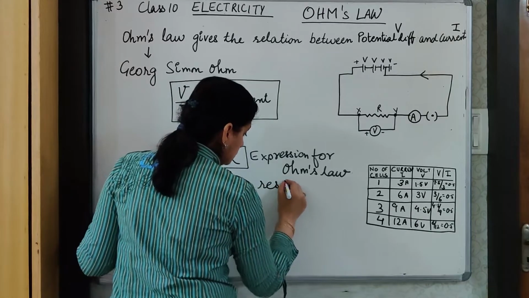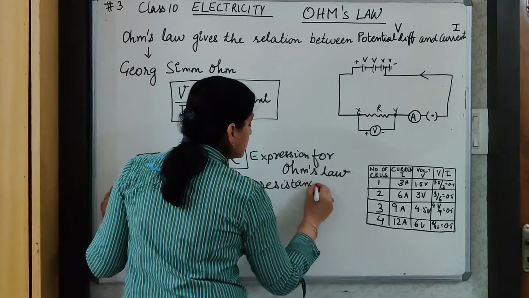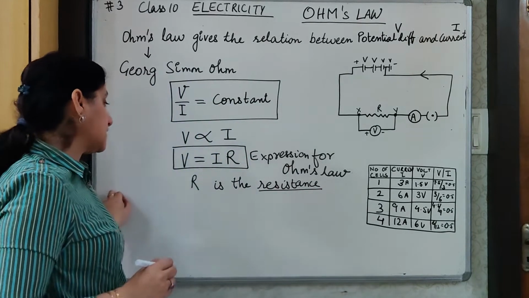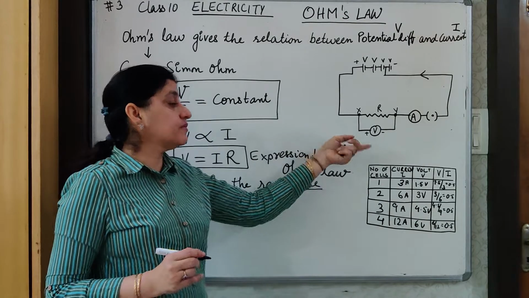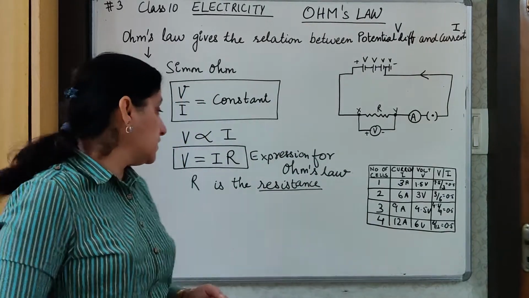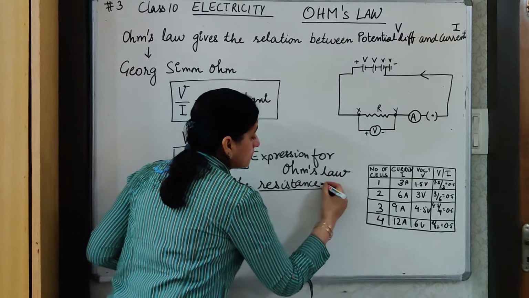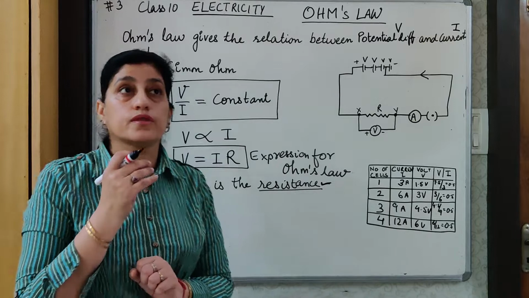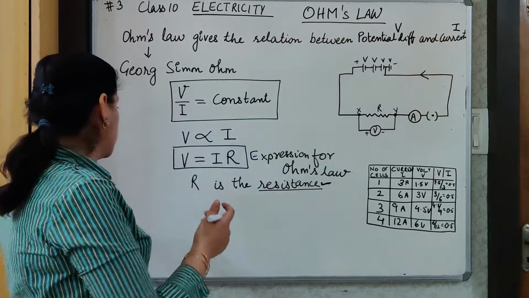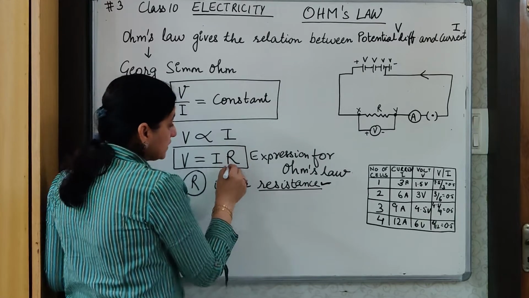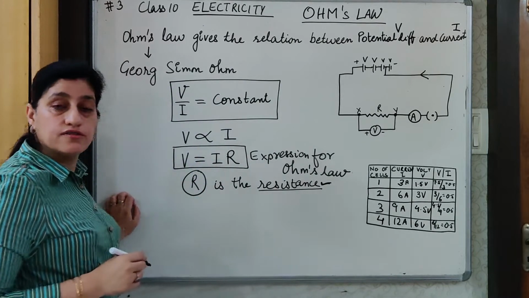Now what is this resistance? It was seen that when we change different materials, we get a different value of V upon I, meaning that the different value was coming because of the resistance. So as per the findings, whenever material is changed, we get a different value.